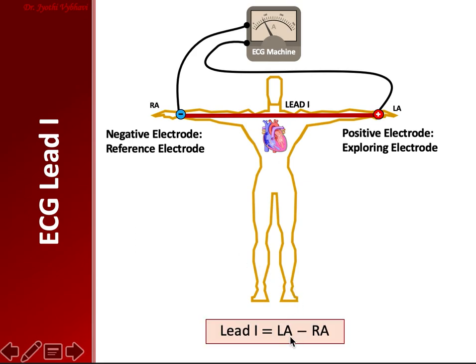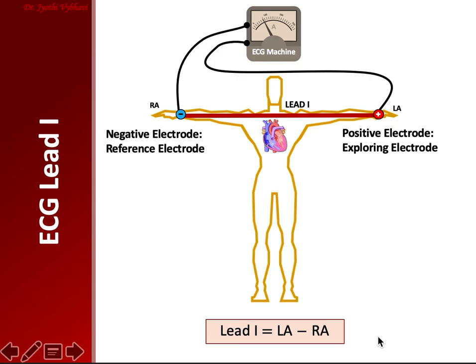So the potential of lead 1 is whatever the exploring electrode potential is, minus that of the negative electrode. That's how the ECG machine computes it and gives us the potential of lead 1.